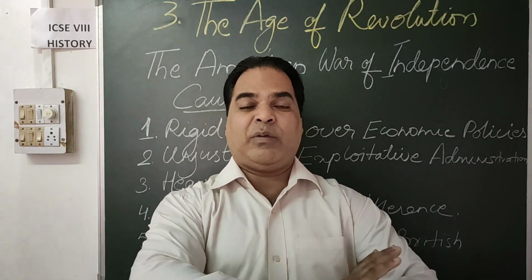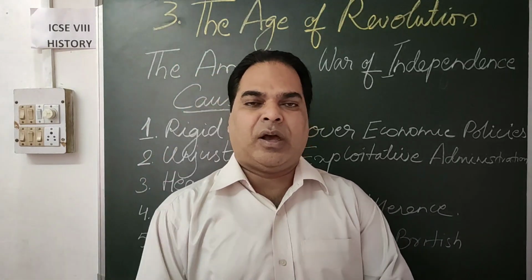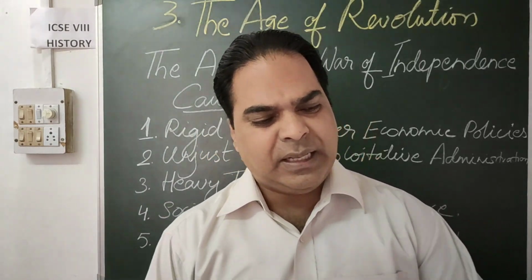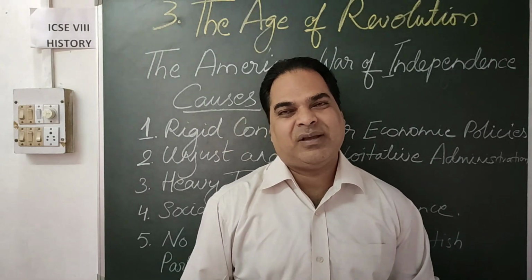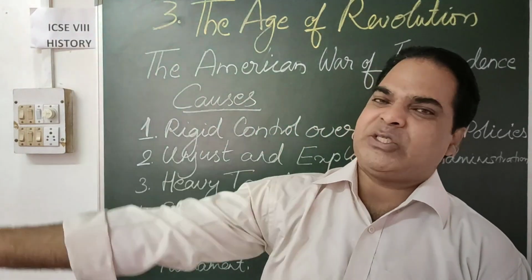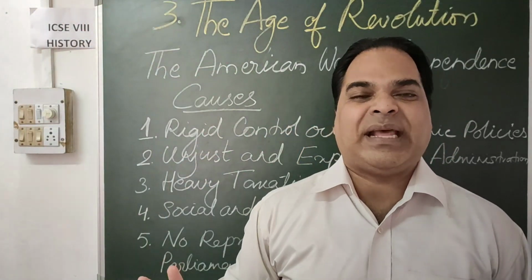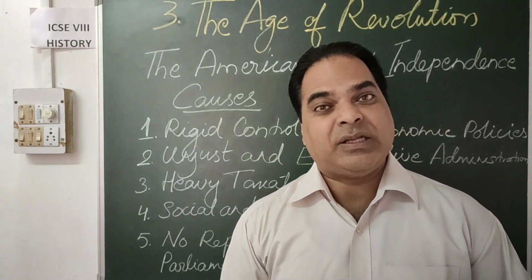So simple. There was a slogan everywhere, protest everywhere, and they came out with a slogan: no taxation without representation. Our representation is not there in the British Parliament, so we are not going to pay taxes. That was the first time the people raised their voice.